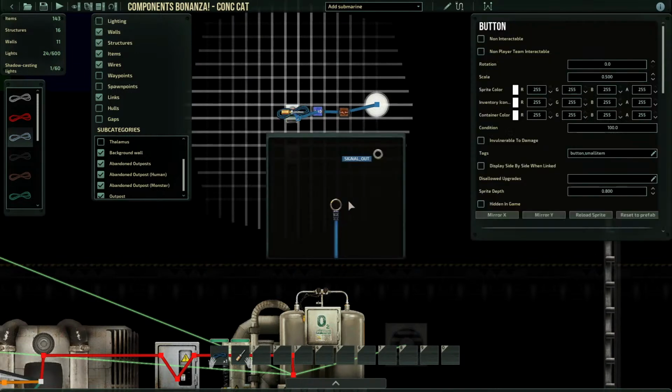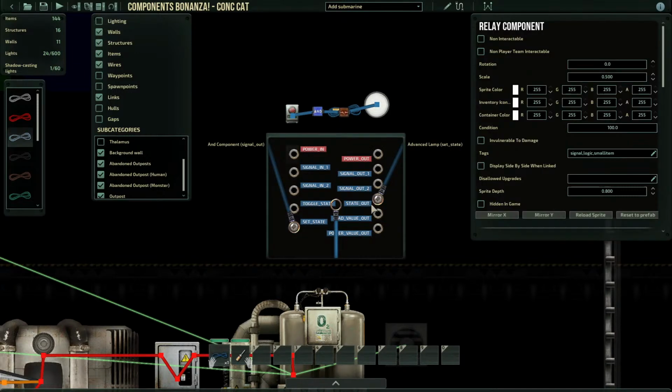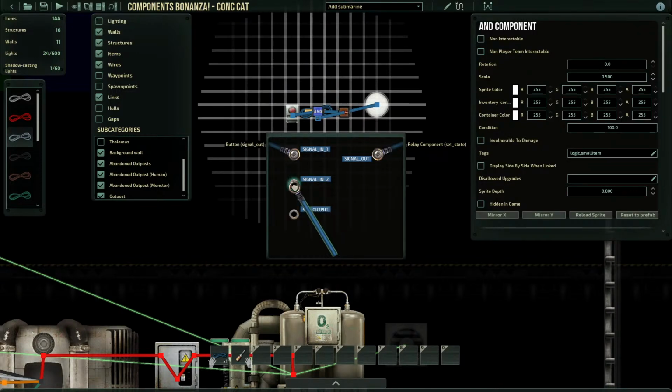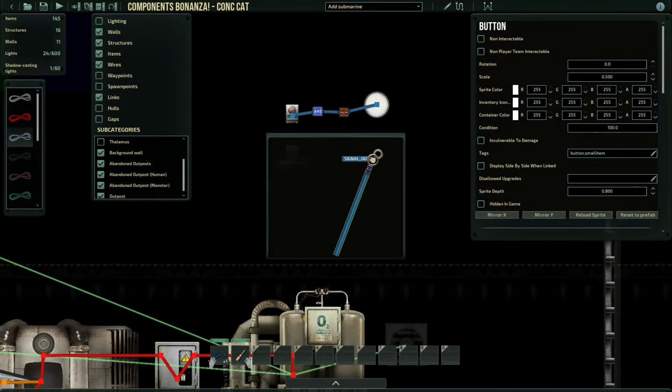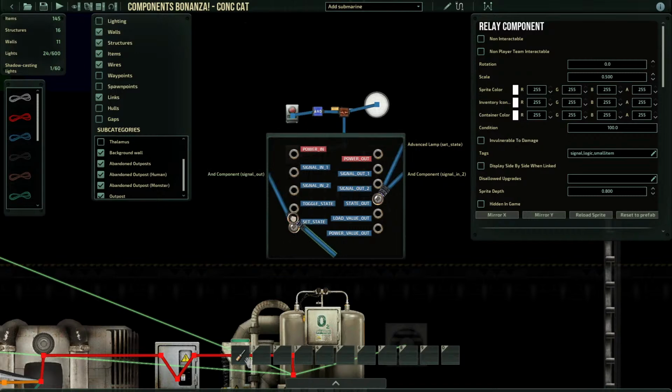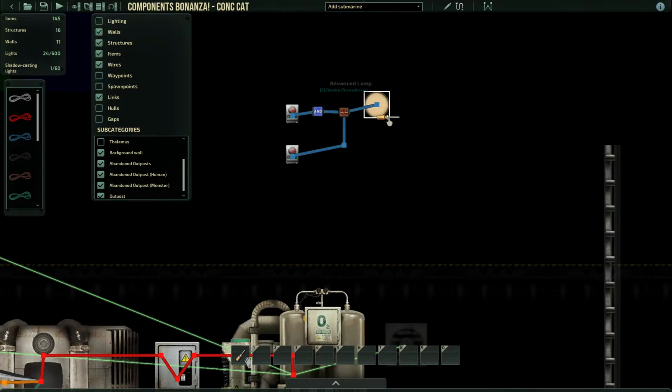Signal in 1 comes from the signal out port. Signal in 2 comes from the state out port. And then this one here goes to the toggle set state port.